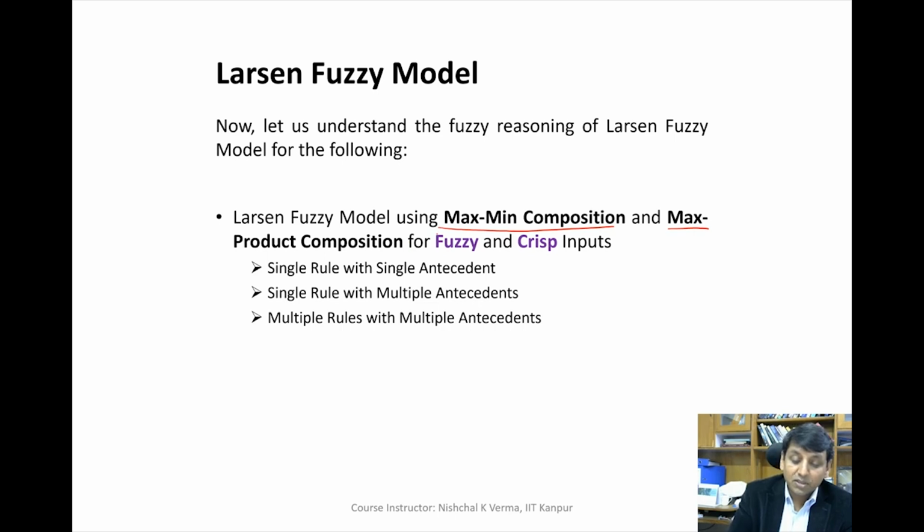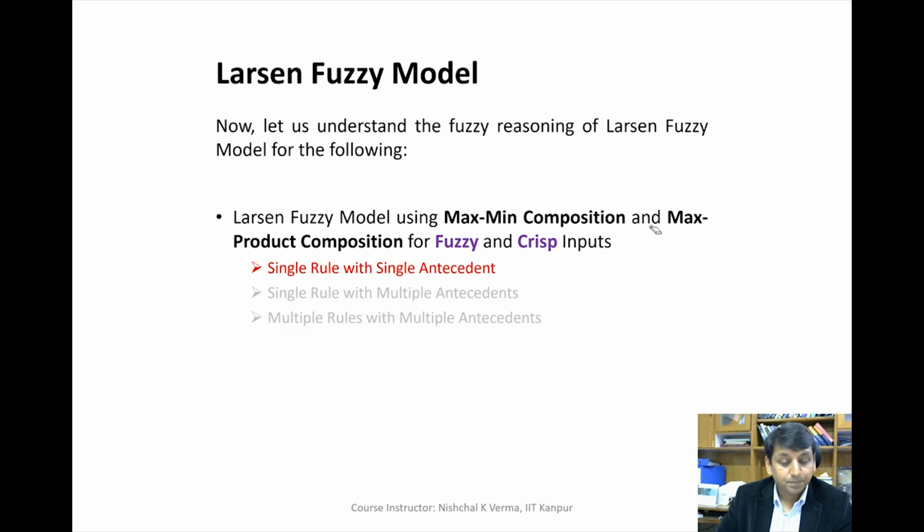Both the compositions will be discussed here for all the cases, and all these cases will be discussed with respect to the fuzzy input and the crisp input both. So let us now first take up this case.